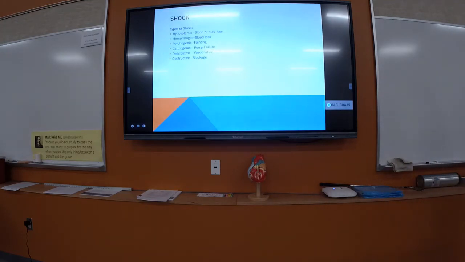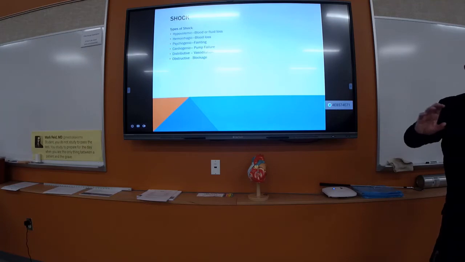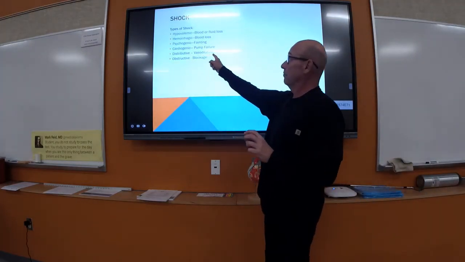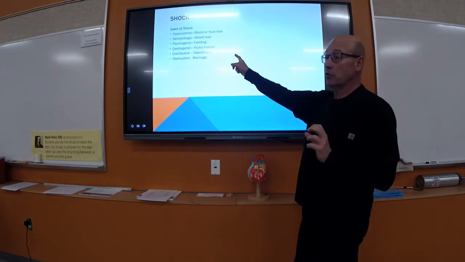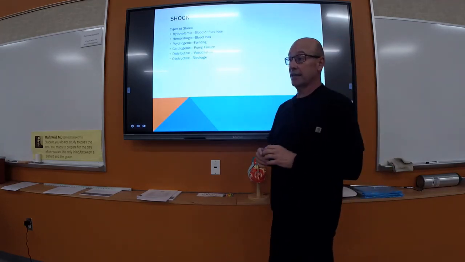The other type of shock is distributive shock. Because of the massive vasodilation, the body has a hard time distributing the blood flow. Hence distributive shock. No volume loss, just vasodilation.